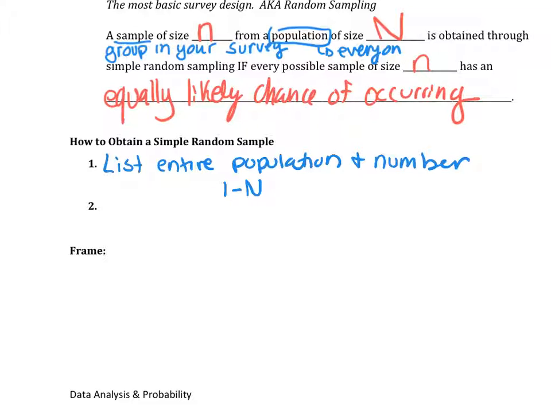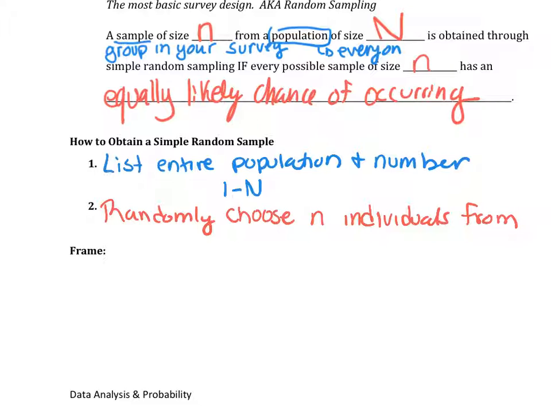And then once you have your list, then you're just going to randomly choose your sample size, which is lowercase n, so n individuals, from your list using the random integer generator on your calculator.